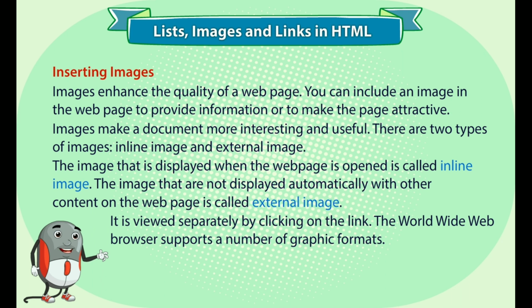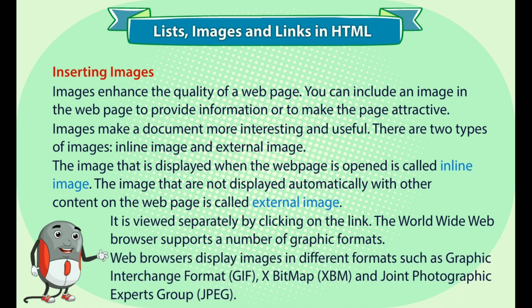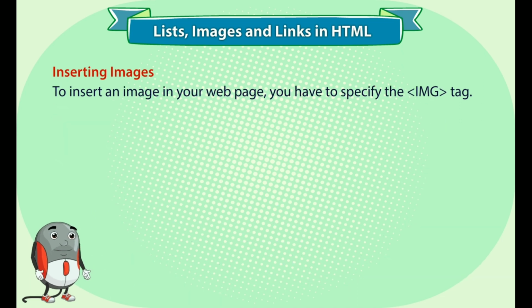The World Wide Web browser supports a number of graphic formats. Web browsers display images in different formats such as Graphic Interchange Format (GIF), XBitmap (XBM), and Joint Photographic Experts Group (JPEG). To insert an image in your web page, you have to specify the img tag.